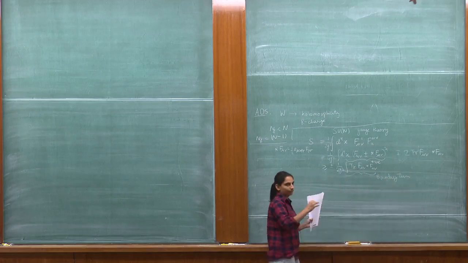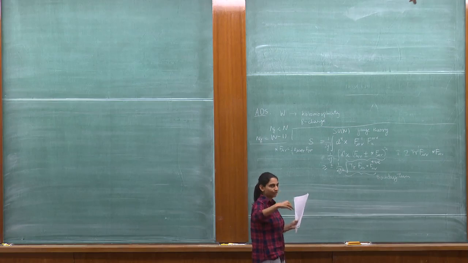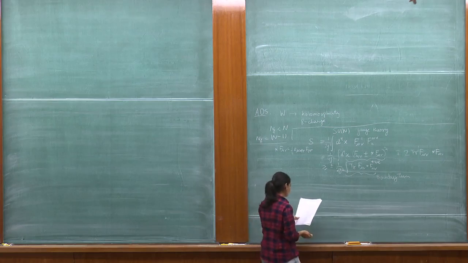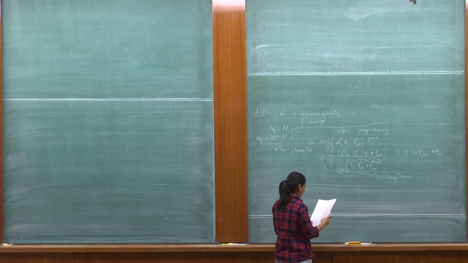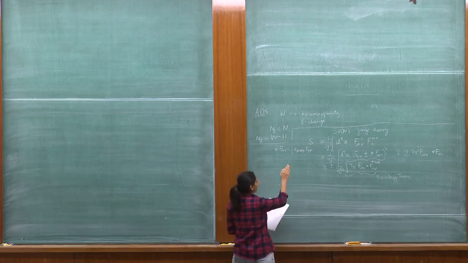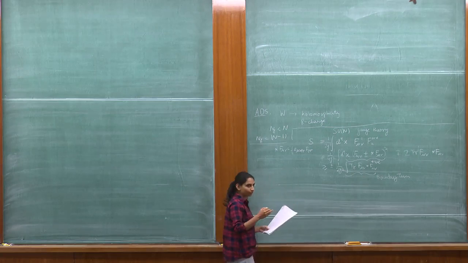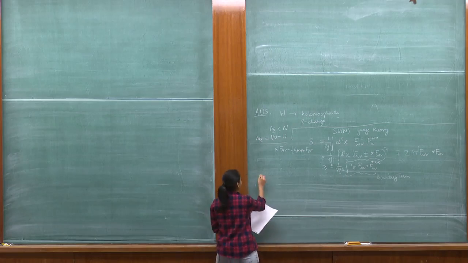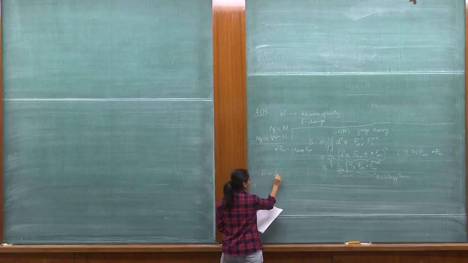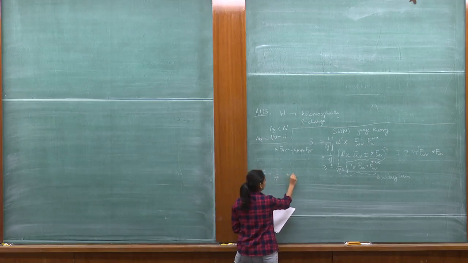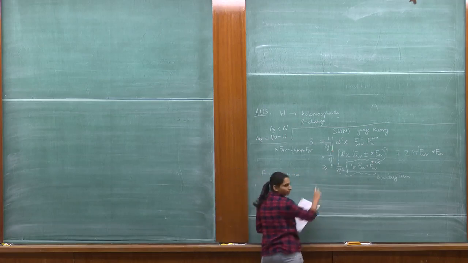We also want the action to be finite in an instanton configuration. That means F should go as 1 over r squared as r goes to infinity, because there is a d^4x.